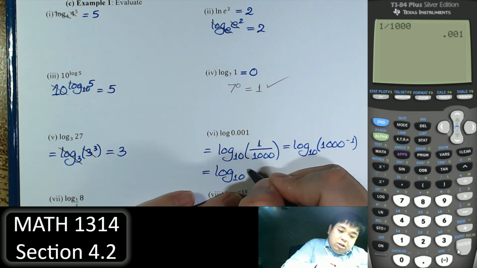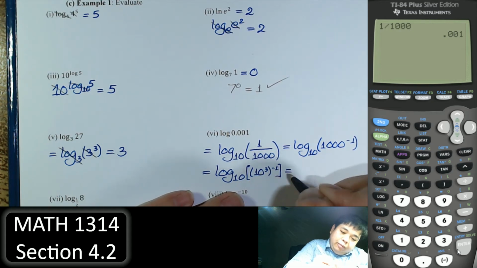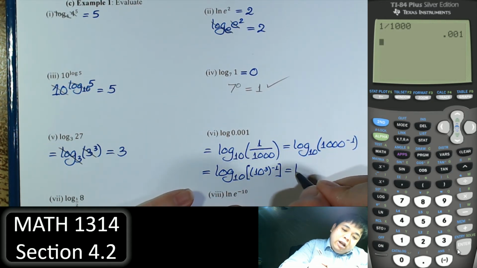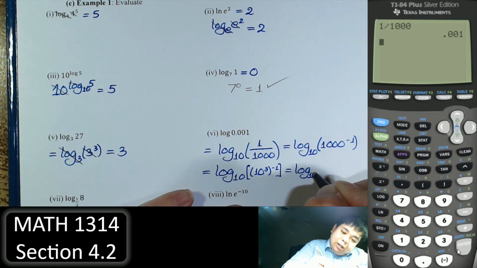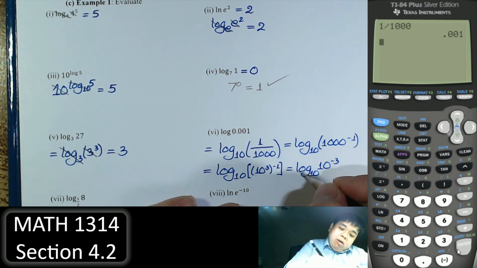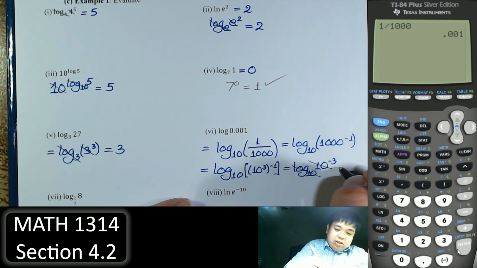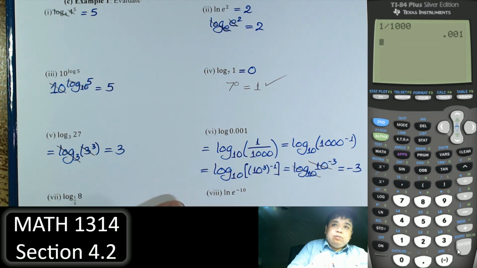Now 1000 is 10 cubed, and multiply the exponents together. We have log base 10 and the exponential base of 10 cancel out. We have negative 3.